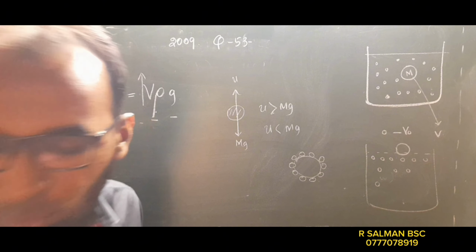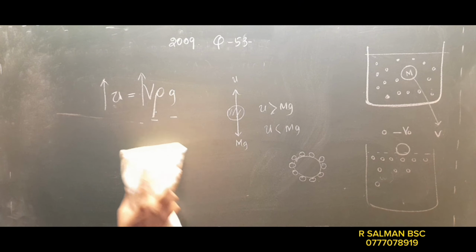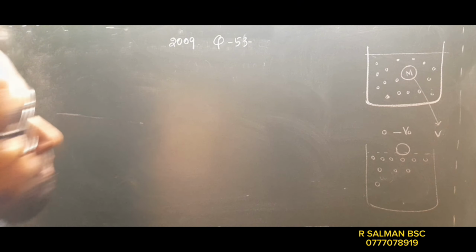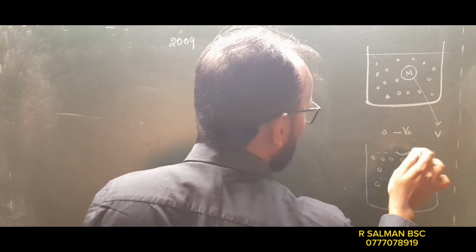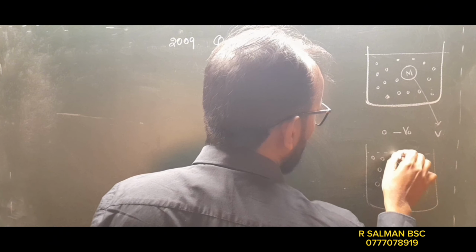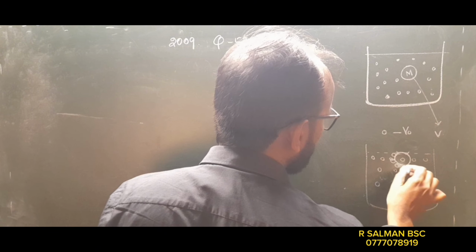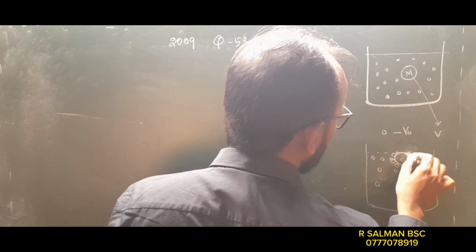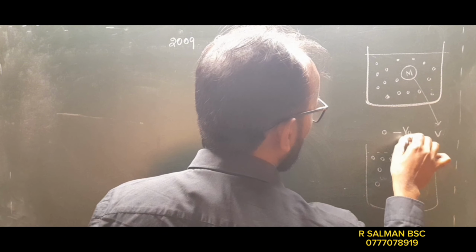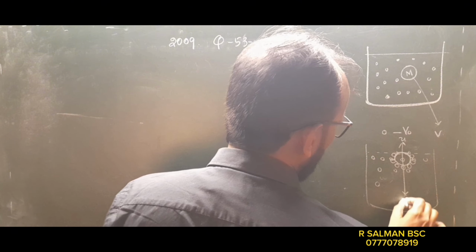Okay, so let's do it like this. Let's think of this as almost here. You have attached some bubbles to it, and it is there like this. Now the upthrust is upwards, and the weight is downwards.